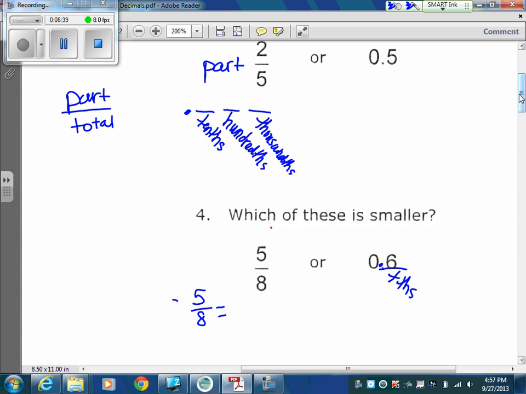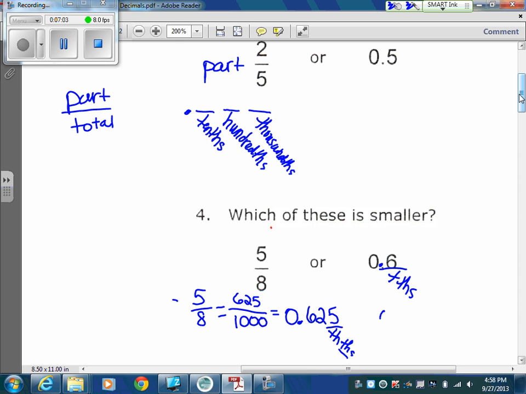So 5/8 is the same if I were to multiply by 125, it would be 625 thousandths as a fraction. And then I can easily put that into a decimal, 625, and then I read the place value, thousandths.